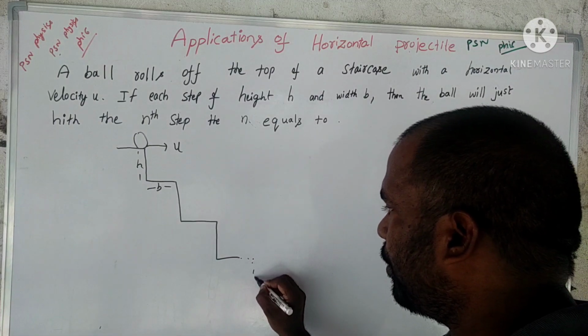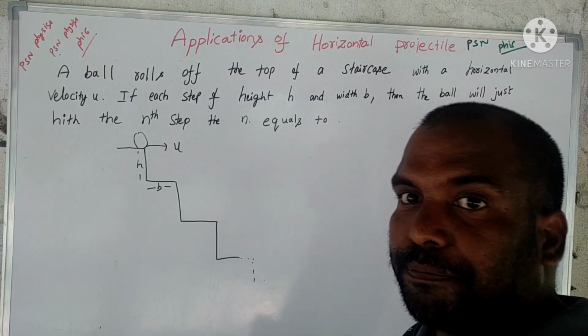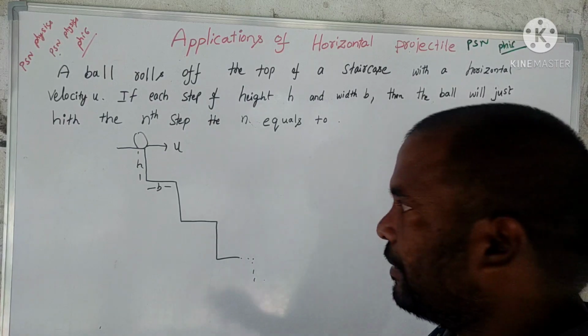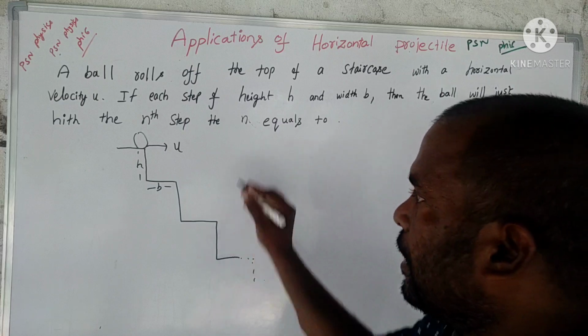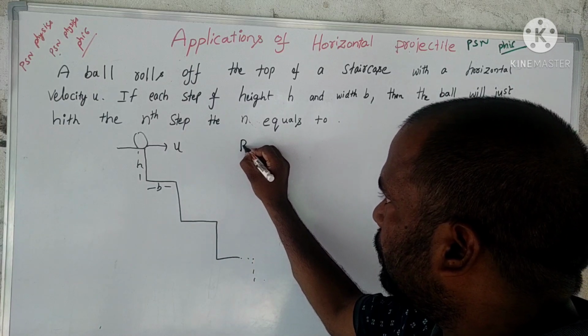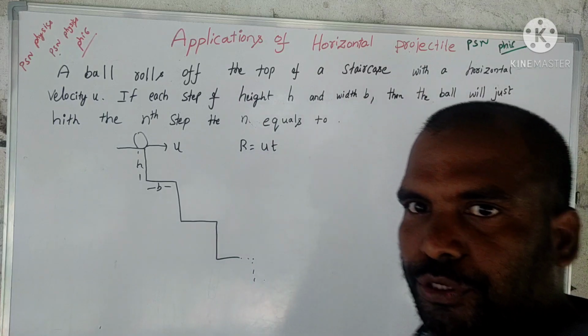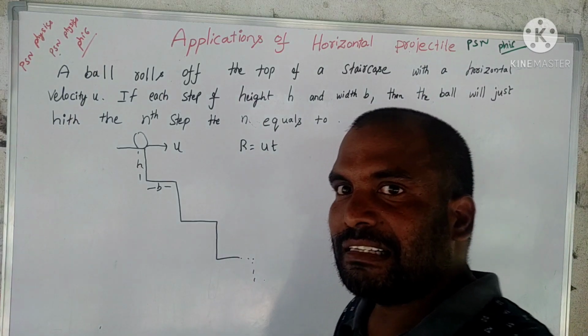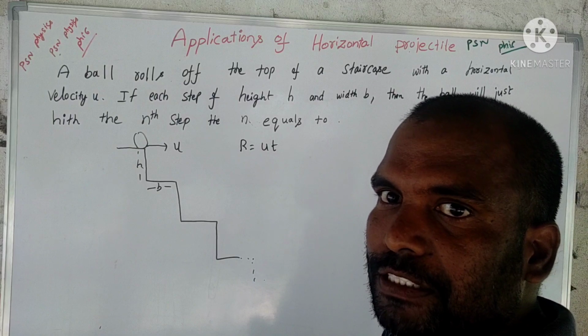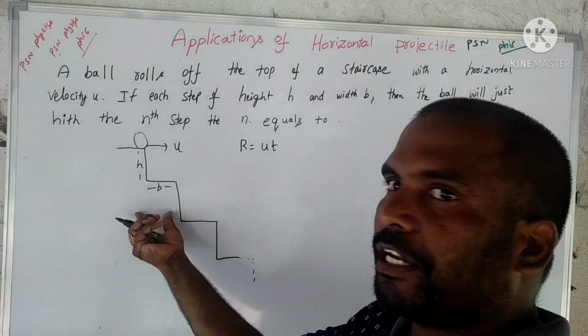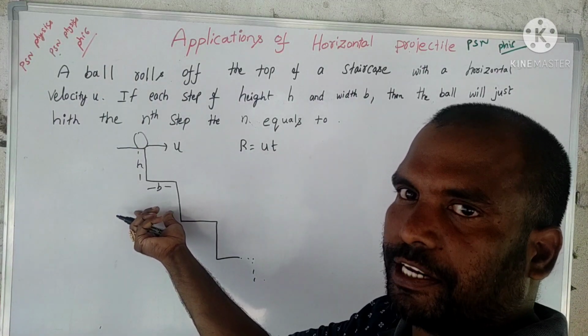Like this, n steps are there. For each step, how much range is there? We already know R is equal to ut, the range formula. But here, for each step the range is b. Width is the range here.